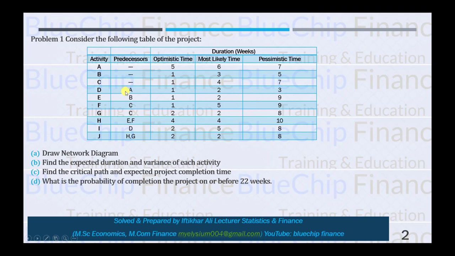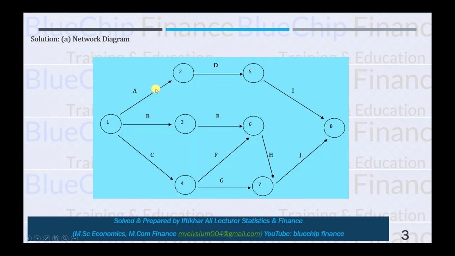predecessors. What next? After that, activity D starts from where activity A ends. That is the logic to draw the diagram accurately. So activity D starts where activity A ends. Activity A ends here at node 2, and from here activity D starts.